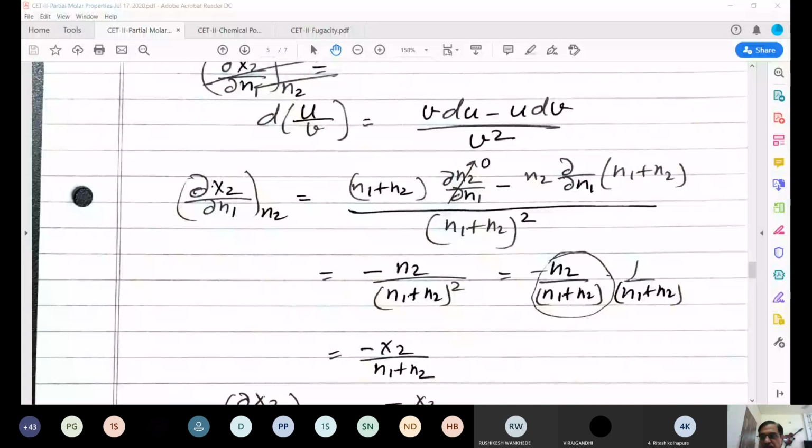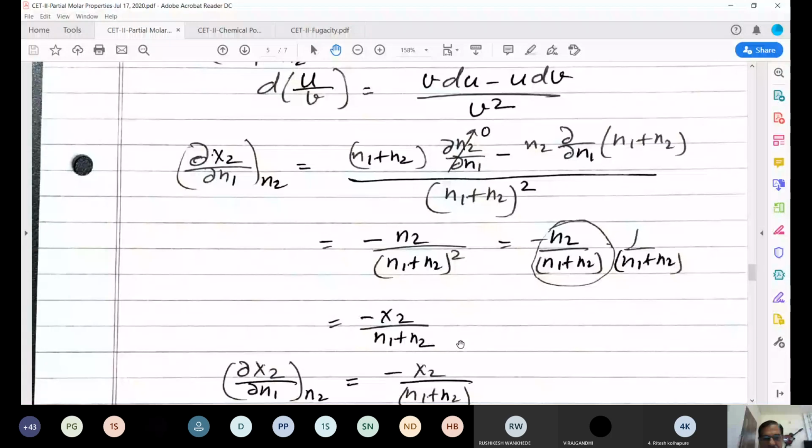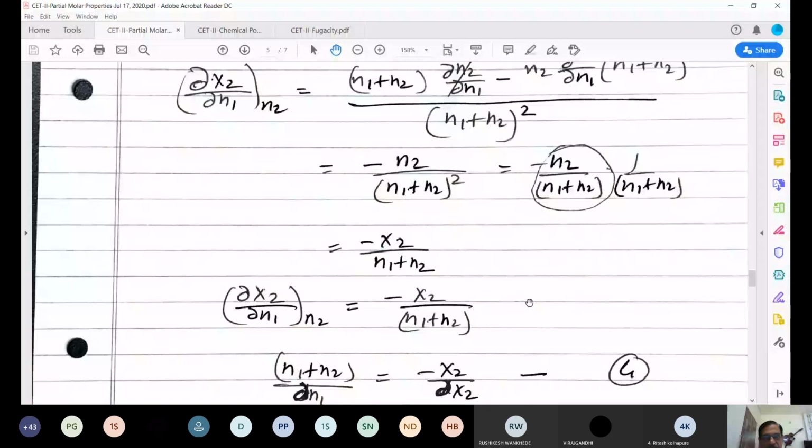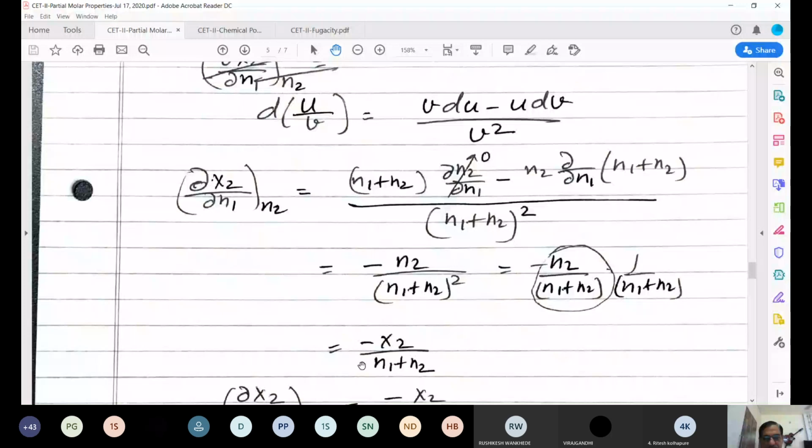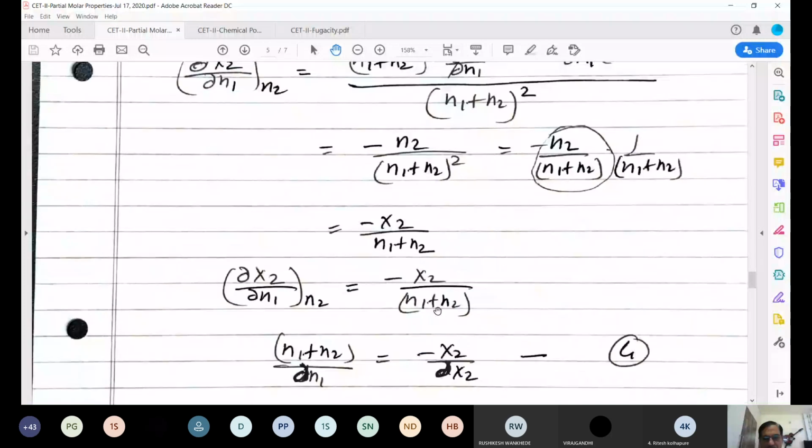What you get is dou X2 by dou N1 at constant N2 is nothing but minus X2 upon N1 plus N2. Or we can take the terms on this side: N1 plus N2 upon dou N1 is equal to minus X2 upon dou X2.